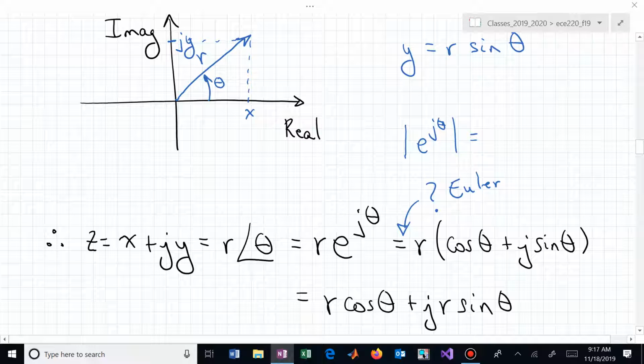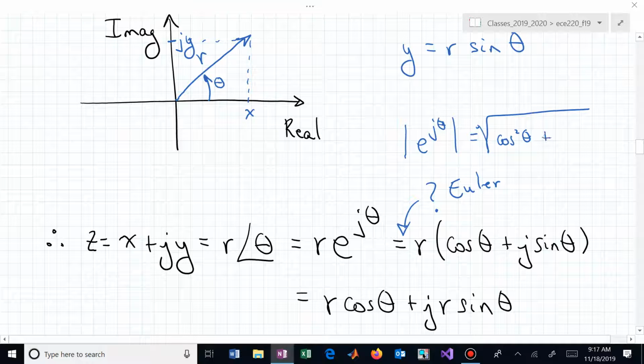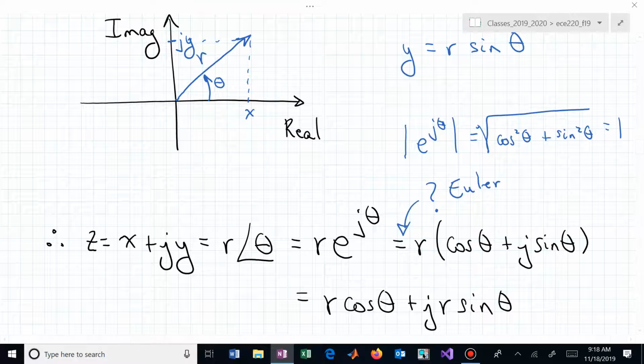But if you just look at what Euler is giving you, it's the square root of the real part squared plus the imaginary part squared. Cosine squared plus sine squared is 1. Now when you see e to the j theta and somebody asks what the magnitude is, no matter what theta is, if they don't put a scaling factor in front of the e to the j theta, it simply has a magnitude of 1.